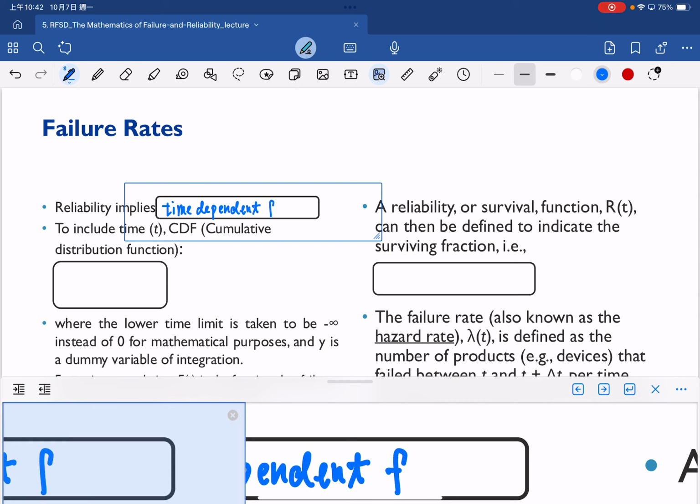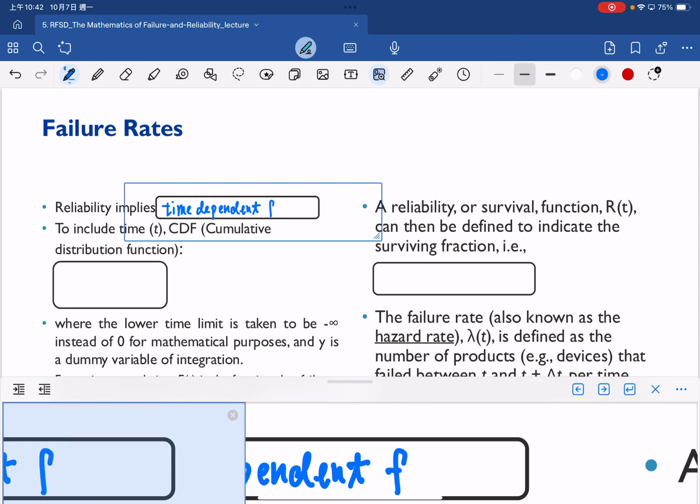It's equal to the integration of f(y) dy from minus infinity to t. So that's because right now we have to include the time, so we have to integrate the time inside the CDF. The lower time limit is taken to be minus infinity instead of 0, because that's just for mathematical purposes, and that gives us some simplified calculation.